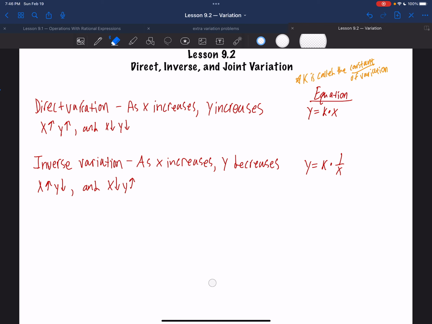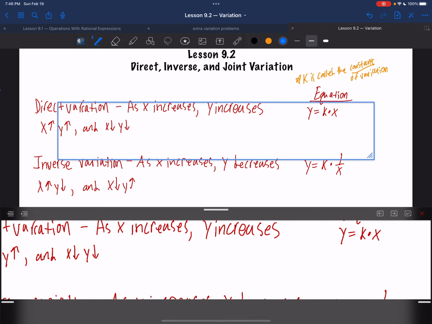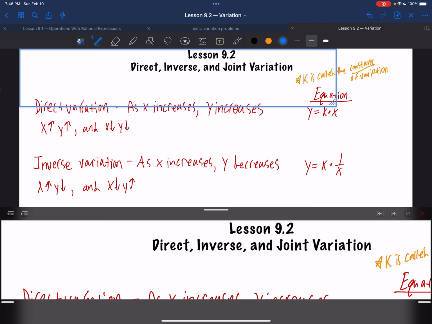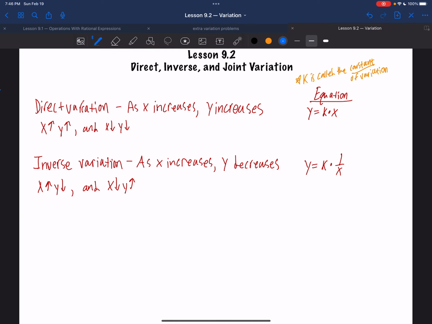All right. The last one is joint variation. And all joint variation is, don't think about this too hard, it's just direct variation, but with more than two variables, okay? So I'm going to say as x or y increase, then a third variable, z, increases.